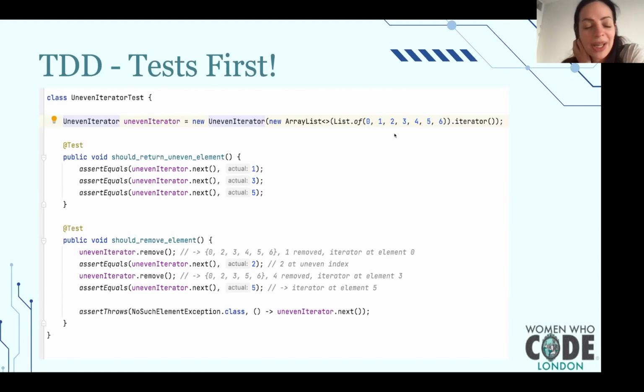So we become at the uneven index, which is 3, but the element is 2. And if we remove again, we remove exactly 4, because again we do 2 steps because we want to be on an uneven index every time. We remove 4, and in this case the iterator is at element 3. I will send you a presentation, so you will be able to go through it again.